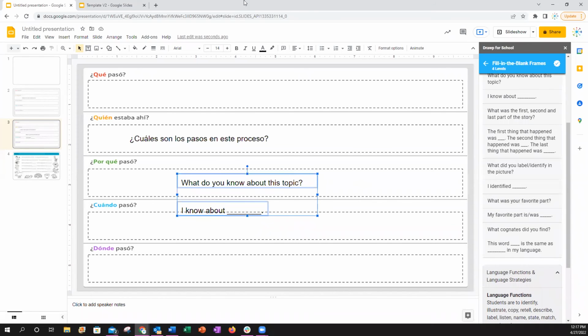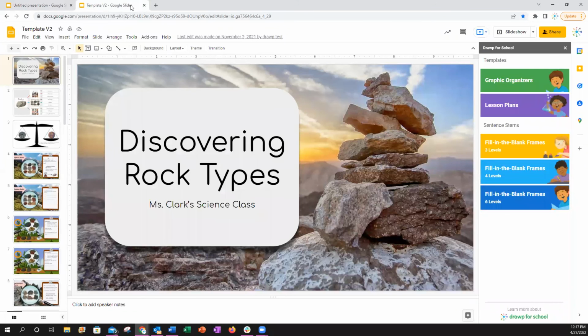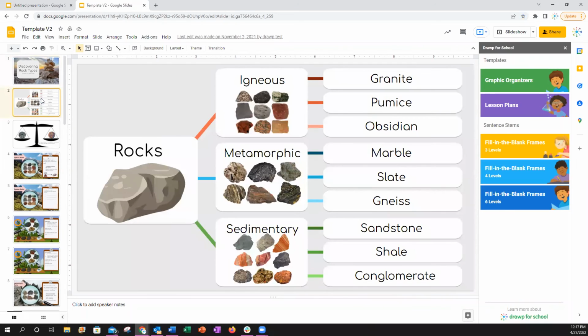I want to take you for a second over to a lesson that was created by a science teacher for a rock types lesson. And you'll see how she used one of the graphic organizers from the add-on to show how rocks are categorized.